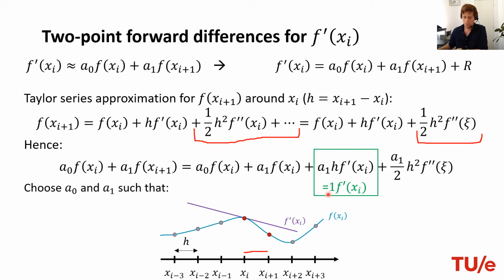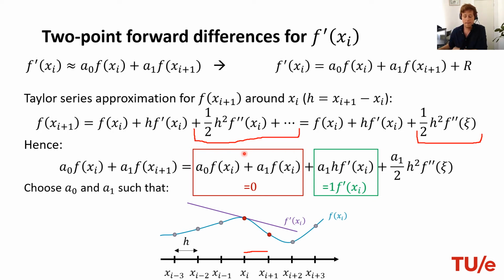We can also choose a0 and a1 such that this term drops out to 0, because this is not something that we want. We don't want any contributions of f of xi here. We only want to approximate the first derivative, so f prime of xi. This term can be quite large: if f of xi is quite large, then this term will be quite large.